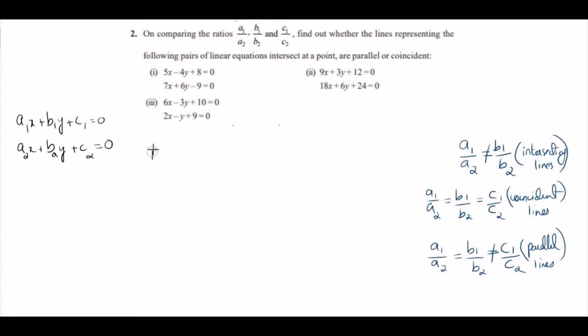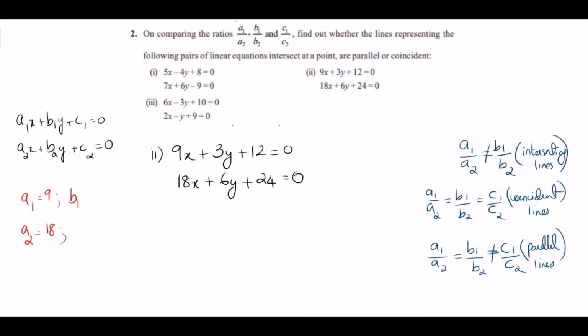The second question is 9x plus 3y plus 12 is equal to 0 and 18x plus 6y plus 24 is equal to 0. So here a1 is 9, a2 is 18, b1 is 3, b2 is 6, c1 is 12 and c2 is 24.